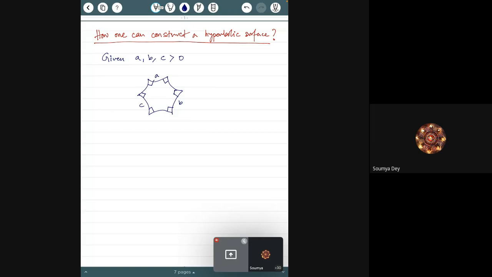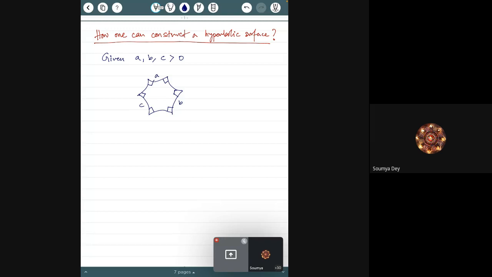Okay, so suppose such a triple is given to you, a, b, c, and assuming that this is true, what you can do is you can take two copies of this hexagon and glue along the other alternate sides.